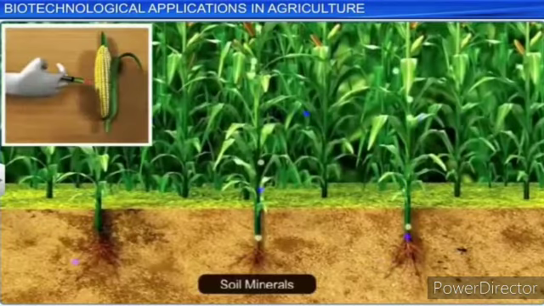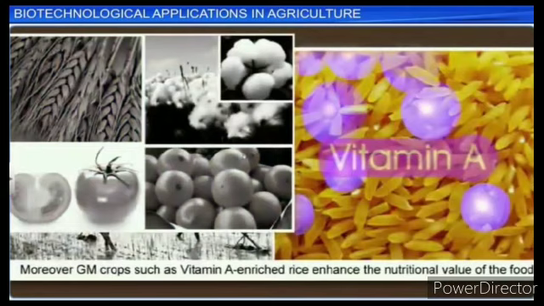Fourth, genetically modified plants increase efficiency of mineral usage by plants. This prevents early exhaustion of fertility of soil. Fifth, enhanced nutritional value of food. Example, vitamin A enriched rice, that is called golden rice.